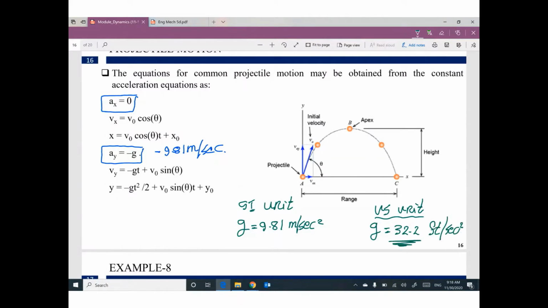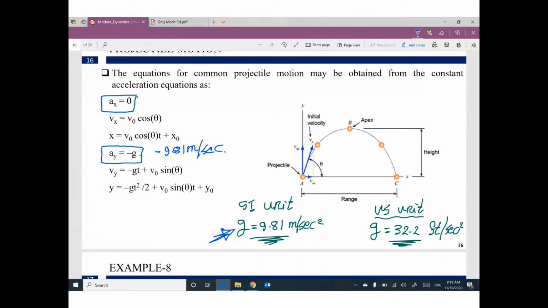Just for your information. But I believe most of our problems will be under SI units. So we don't have a horizontal component for acceleration, but we have a vertical component of acceleration equal to negative g.